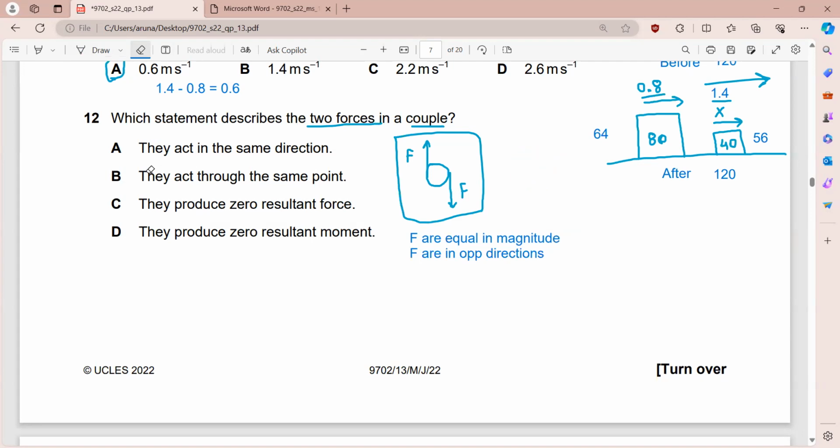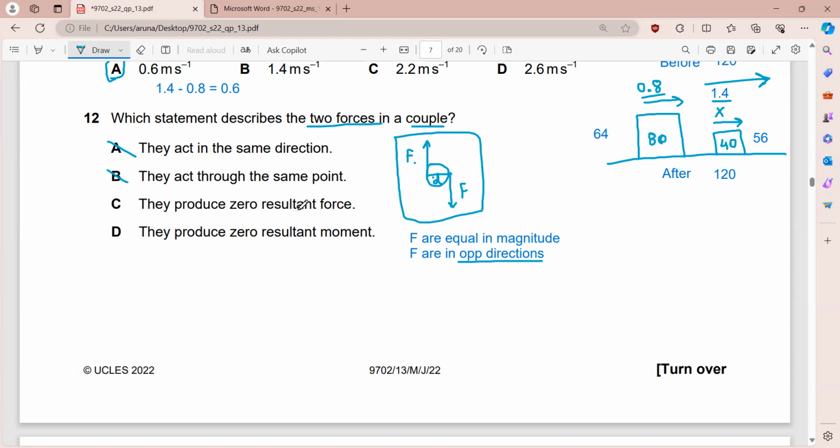Now let's go through the options that they've given us, and we can most likely eliminate. They act in the same direction. Clearly, no, they have to act in opposite directions. They act through the same point. No, there are two different points. They're on opposite sides. And to calculate the torque of a moment, we'll multiply the distance between these two forces and one of the forces. So F times D will give you the torque of this.